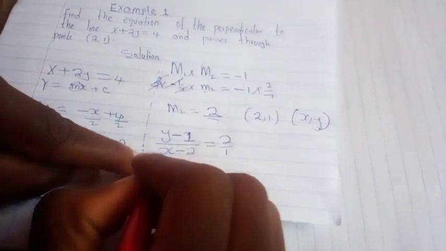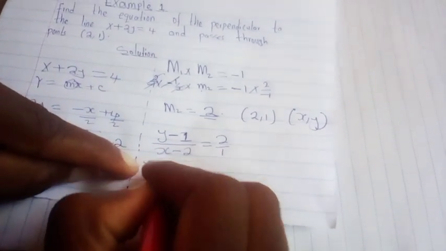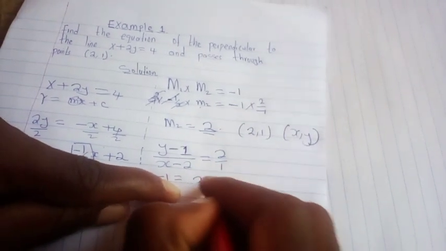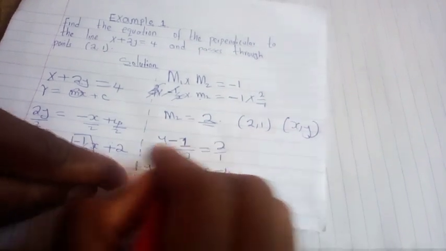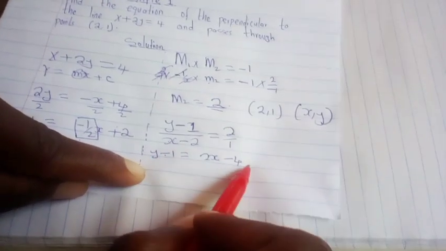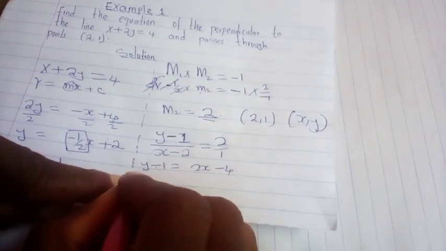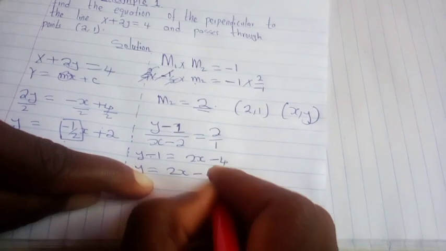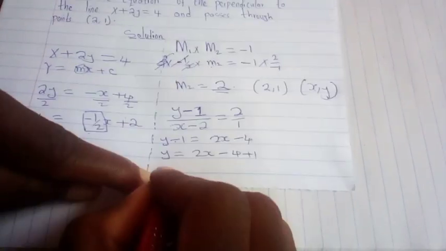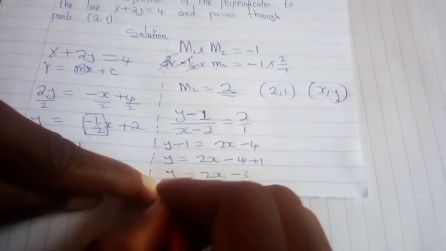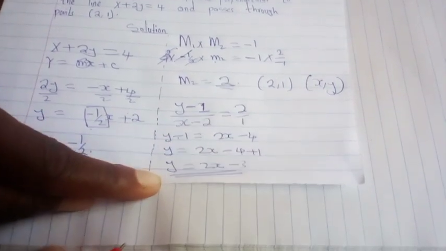So you get y minus 1 is equal to 2x minus 4, since multiplying 2 by x minus 2 gives 2x minus 4. Then you take -1 to the other side, so y is equal to 2x minus 4 plus 1. You remain with y is equal to 2x minus 3. This becomes the equation of the line.